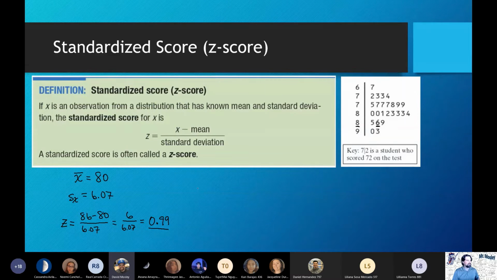Okay. That means the score of 86 is 0.99 deviations greater than the mean.